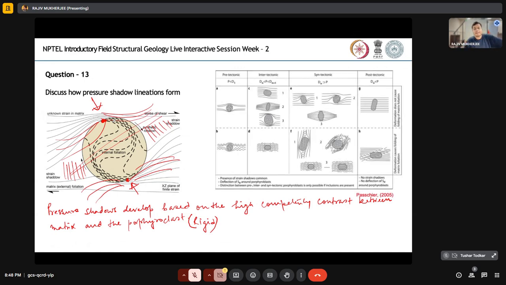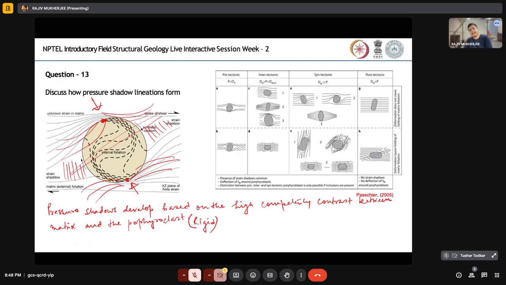And there are dominantly four categories of porphyroblast. So the first one is the pre-tectonic. P means the age of the porphyroblast, and D means the deformation phase.